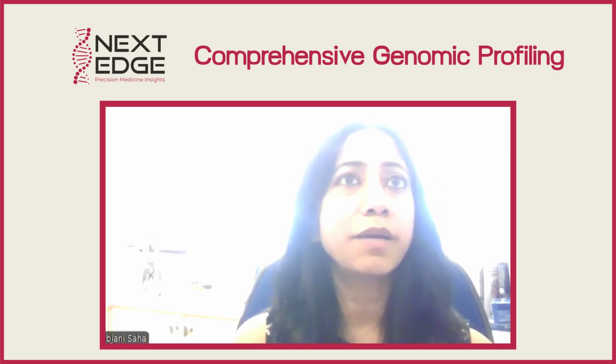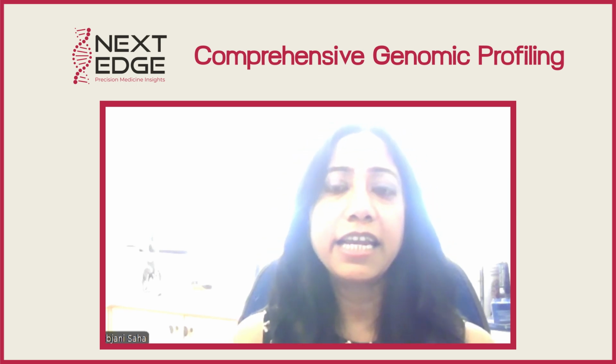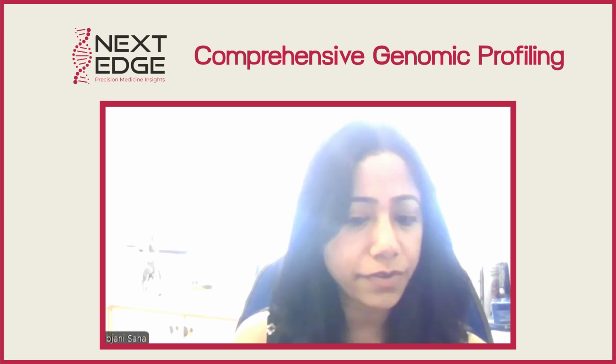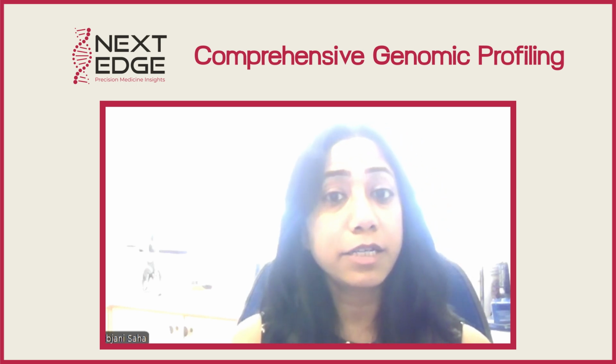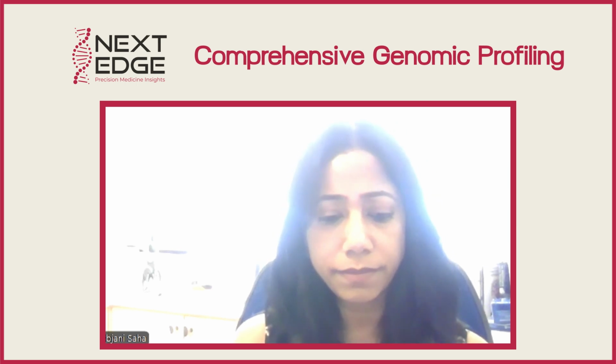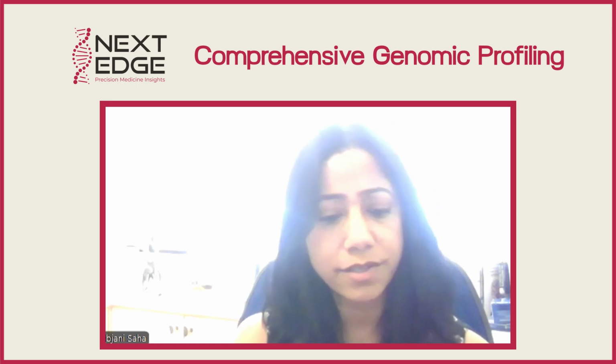So, ideally, because CGP is nothing but analysis of the genome, or let's say parts of it, it can give you a wide range of information about hereditary cancer risk, especially for genes which are very commonly implicated in hereditary cancer syndromes like breast or ovarian cancers.